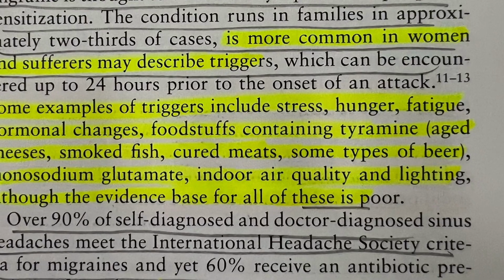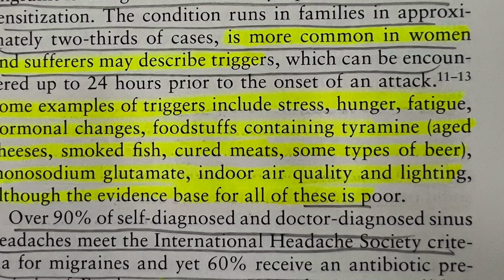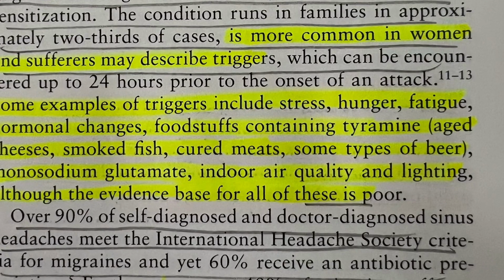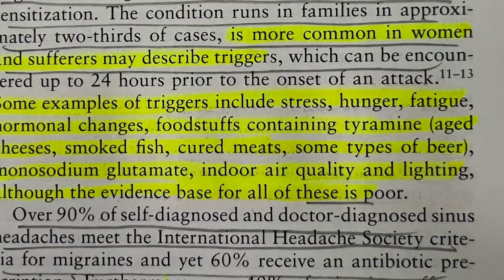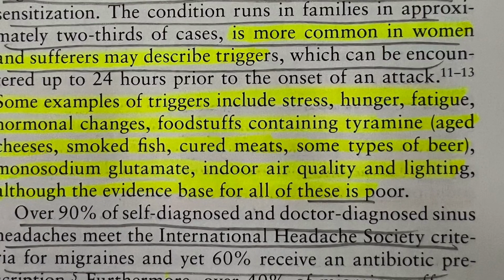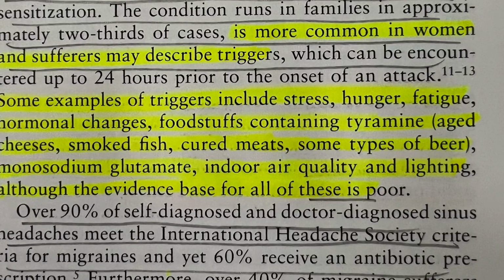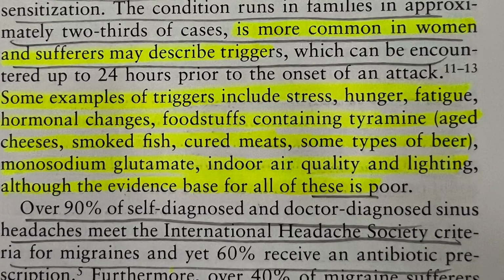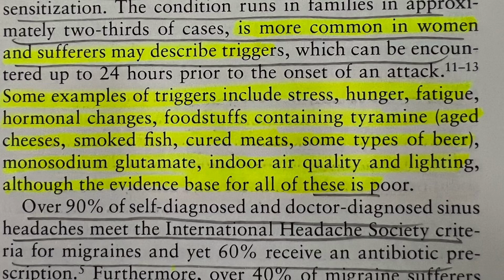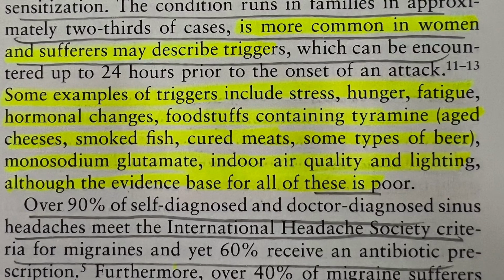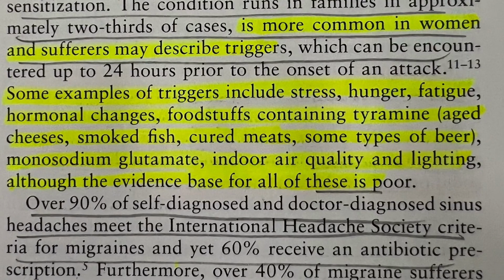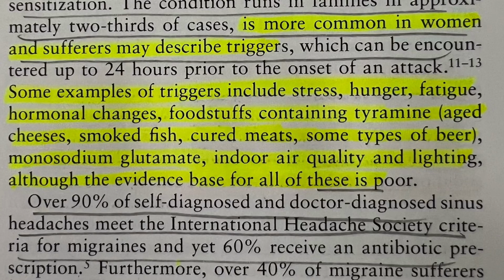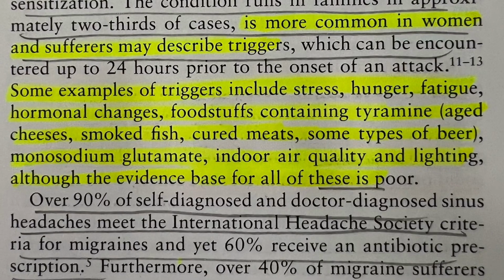This condition runs in families in approximately two-thirds of cases and is three times more common in women than in men, with a peak of presentation at about 30 to 40 years of age. Trigger factors are stress, hunger, fatigue, hormonal changes, and some foodstuffs like tyramine, cheese, fish, meats, and some types of beer.